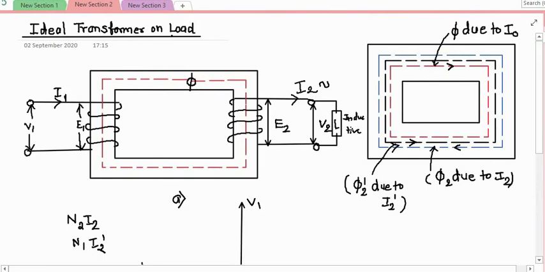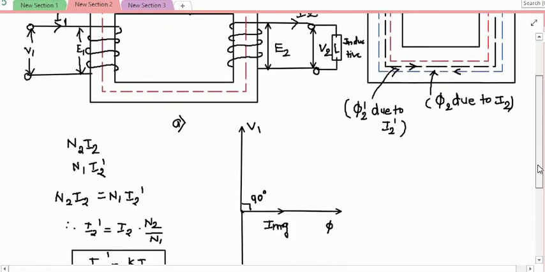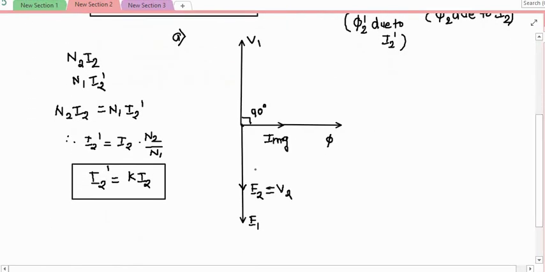So the secondary current lags the voltage by some angle. So this is your V2, and my current I2 of the secondary winding lags the voltage by some angle phi 2. This is your I2, which is lagging V2 by angle phi 2.